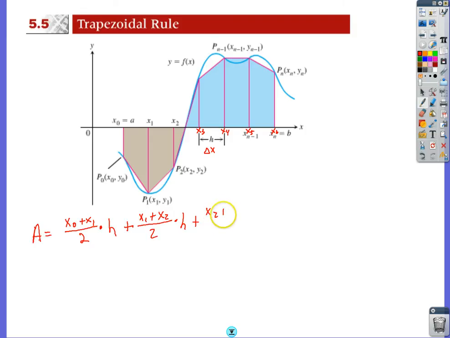And I know this is going to get repetitive, but I want us to do this so you can see where the formula comes from.